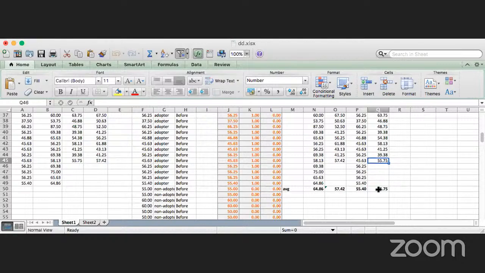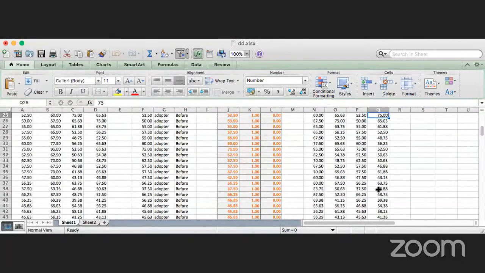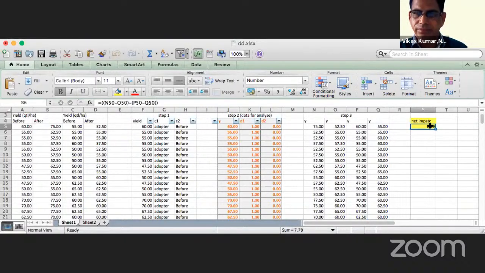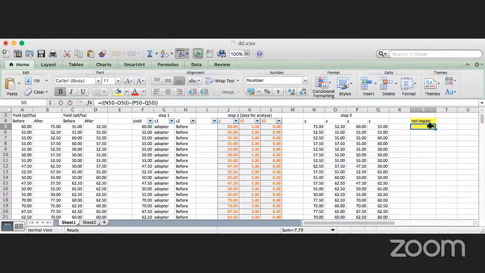The final figure which I wrote here is the difference between these two differences, and that gives you the final impact for one program. Likewise, for each program we can give the impact. Only one intervention program I have taken here; likewise, other interventions we can also have.